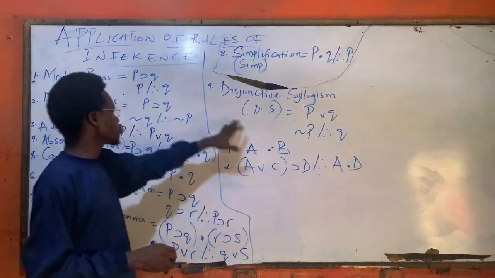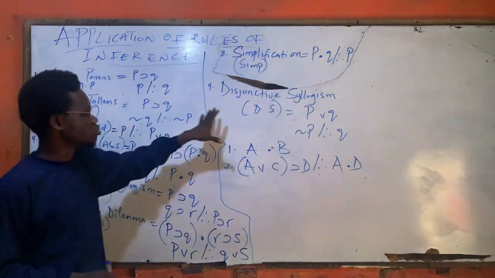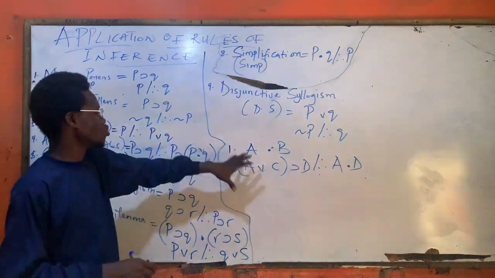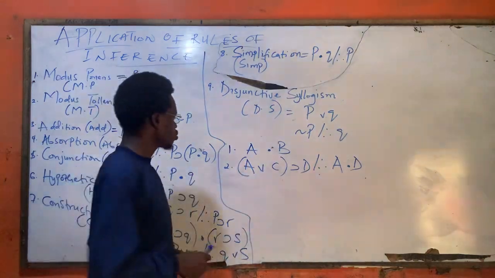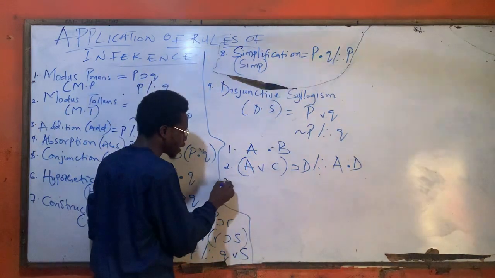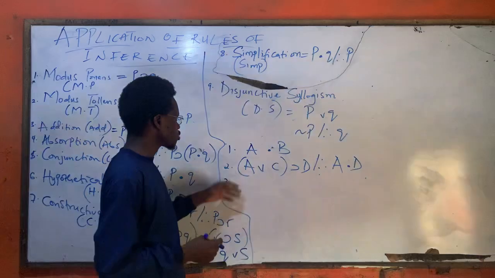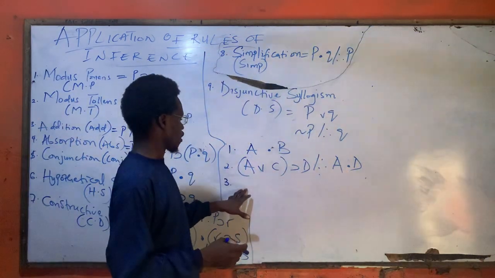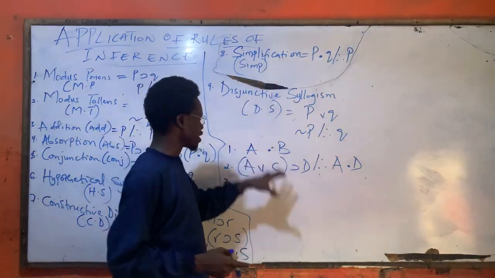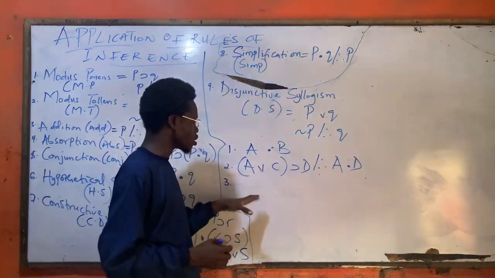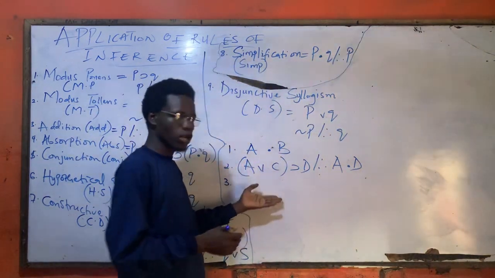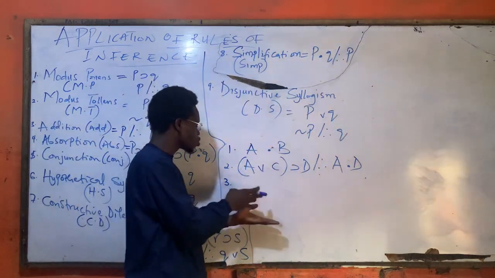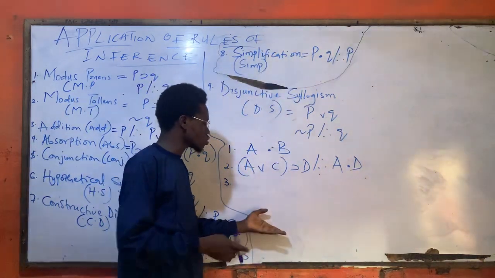We want to make use of these 9 rules to resolve this argument, so we go to our line 3. The first thing we need to do is look at this argument. There are hidden premises and a conclusion there, and we are required to bring out those premises and the conclusion.